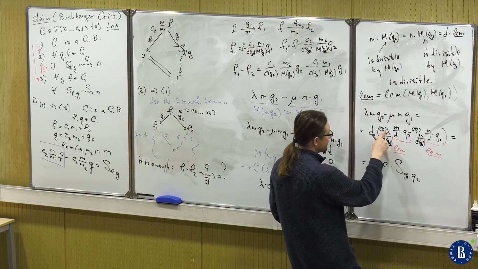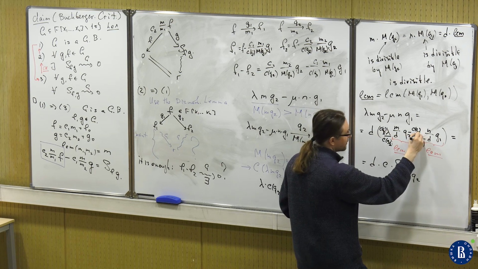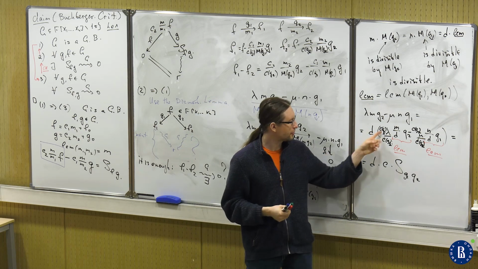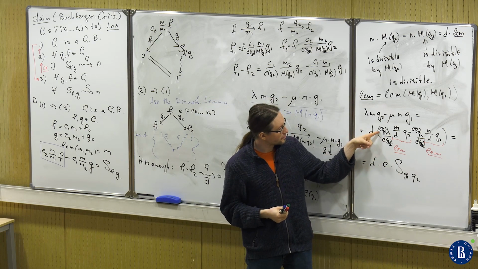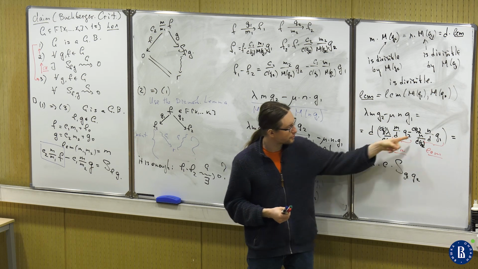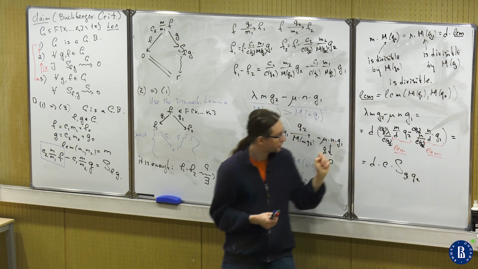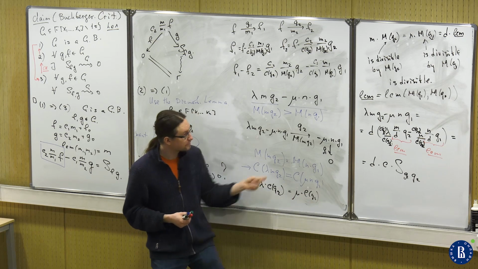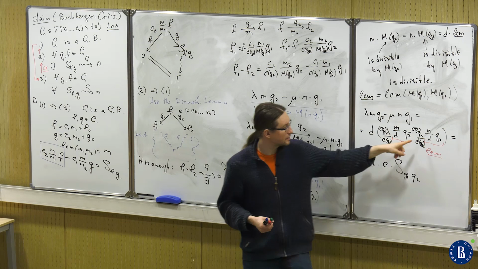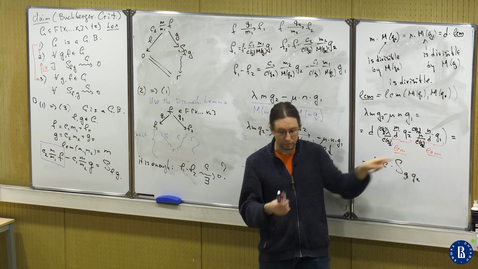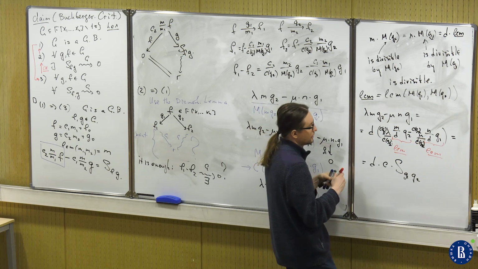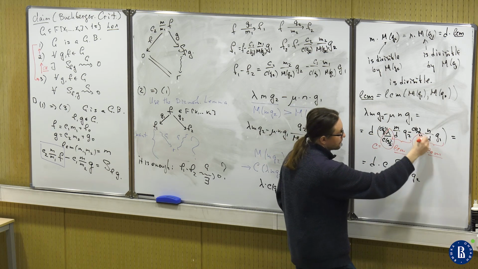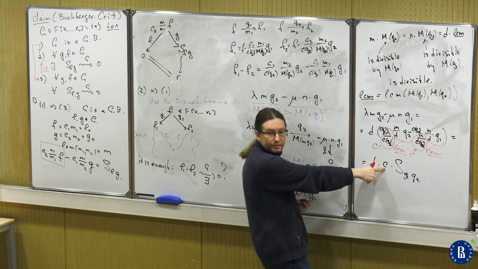I'm sorry, C1 here and C of G2 here. I just did the wrong thing. So I multiply by C of G1 and divide by C of G1, and multiply by C of G2 and divide by C of G2 here. And because of this expression, where I divided by this and divided by this, I see that lambda over C of G1 is the same thing as mu over C of G2. So I will denote this coefficient by C, and I also move it outside.